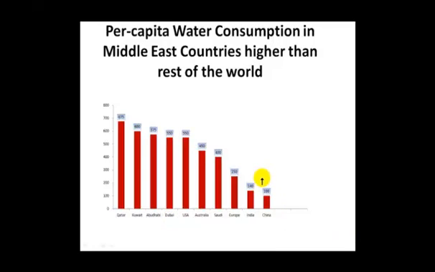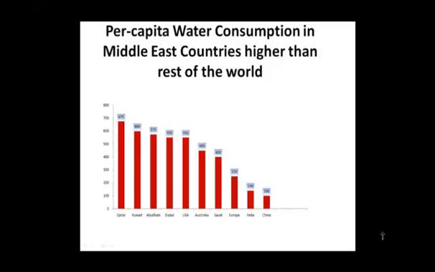In developing countries like India and China, the water consumption is between 100 and 150 liters per person per day. So the residents in Qatar, UAE, Kuwait, and Bahrain consume 4 to 5 times more water compared to residents in India or China.